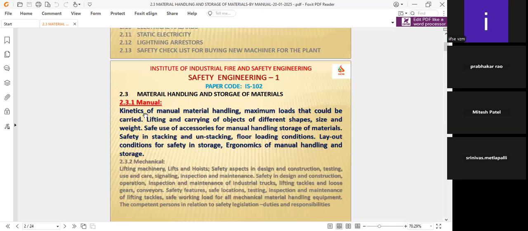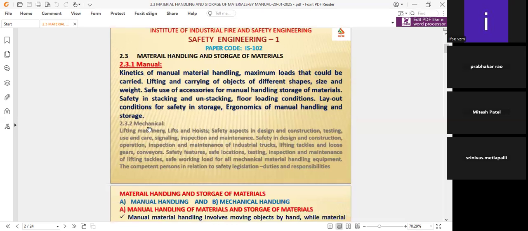Then on the third day, Wednesday, we'll take the ergonomics of the manual handling and storage. So today 2.3.1, tomorrow 2.3.2, and the day after tomorrow the ergonomics of the 2.3.1 topic. This is the schedule for the three days.